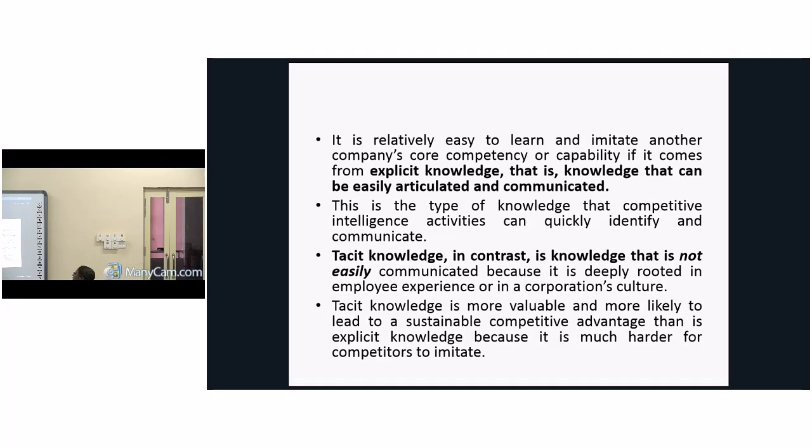To make them sustainable, you have to protect your core competencies. In making your core competencies inimitable, tacit knowledge has a big role.